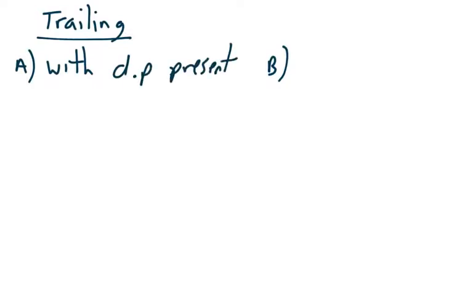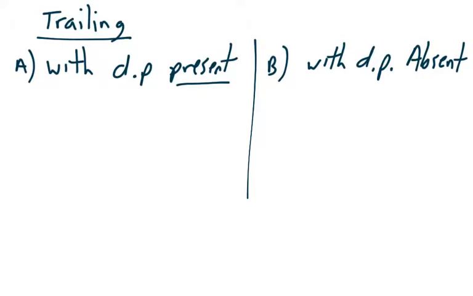What we're going to do is, let's call this part A, and we'll call this part B. In part A, a trailing zero with, I'll abbreviate here, with a decimal point present. And in part B, it's with a decimal point absent.